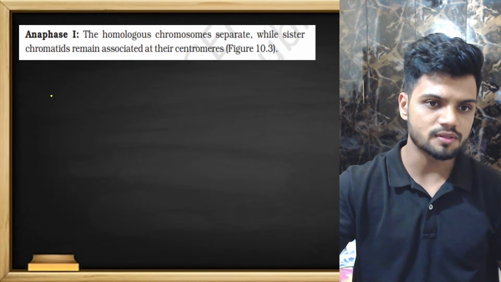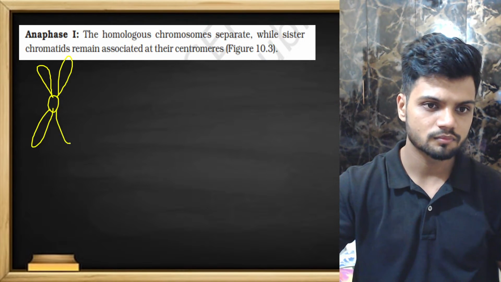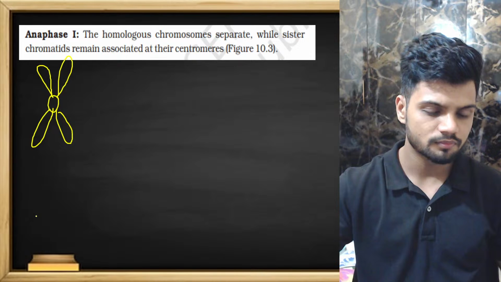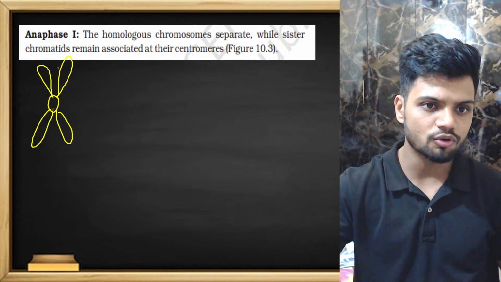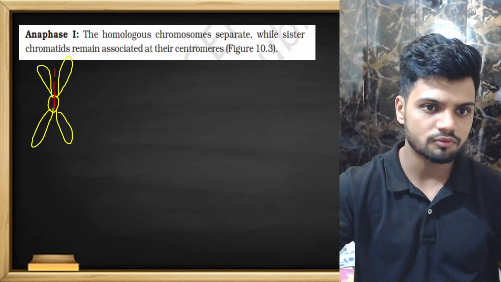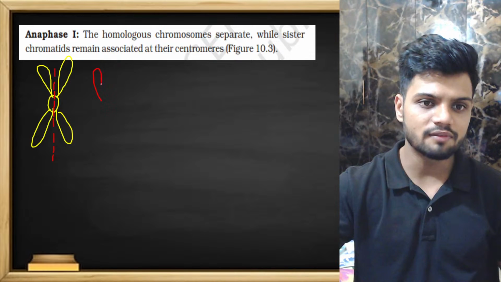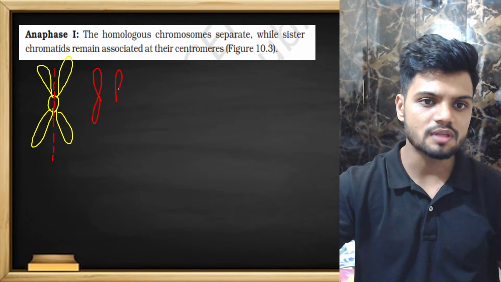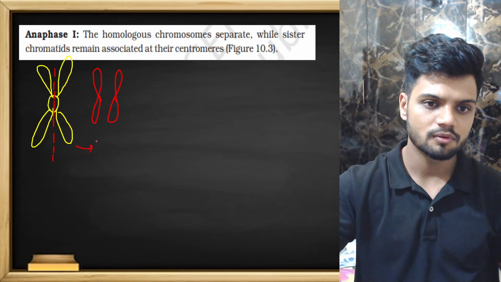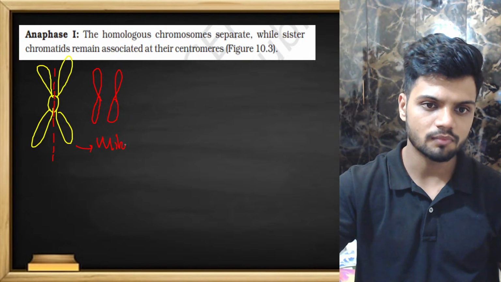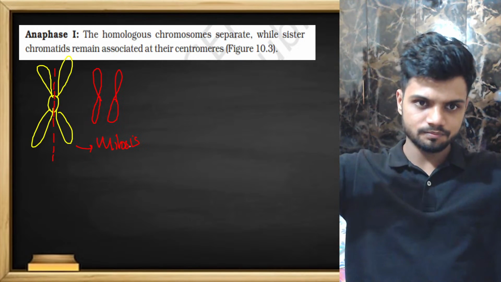In the case of mitosis, if this is the chromosome, the entire centromere split into half, and we ended up getting two separate chromatids. The two chromatids were separated out.